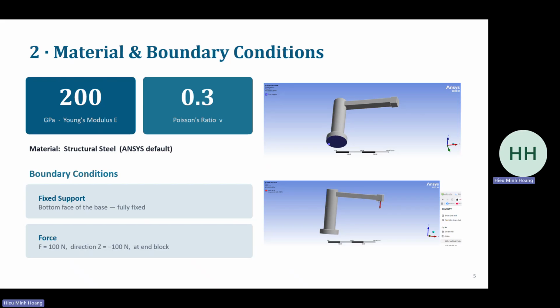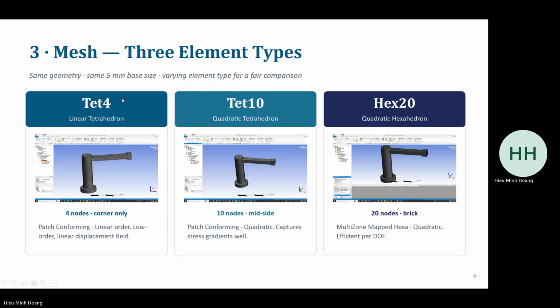For the boundary conditions, the bottom face of the base is fully fixed, and I apply a force of 100 Newton in the minus z direction at the end block.